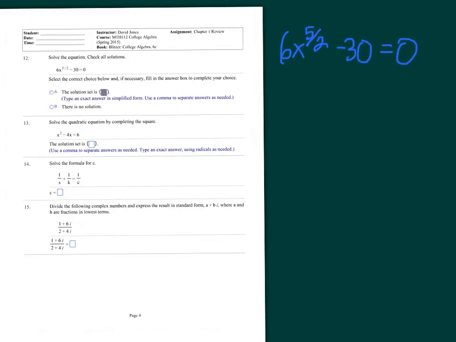Okay, 6x to the 5 halves minus 30 equals 0. This is number 12. And we've got a fraction exponent here, x to the 5 halves power. So what we'll want to do is isolate that fraction exponent.